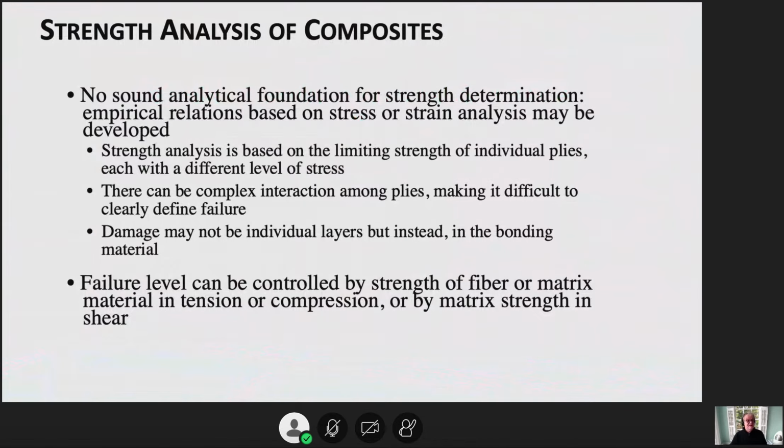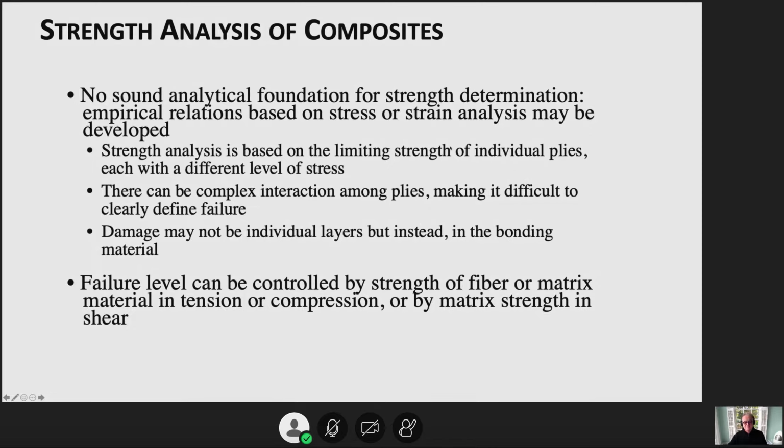And to explain the reason, I will put up my first chart. Bullet number 1 says no sound analytical foundation for strength determination exists, or something along those lines. There are empirical relations based on stress or strain analysis and experimentation.